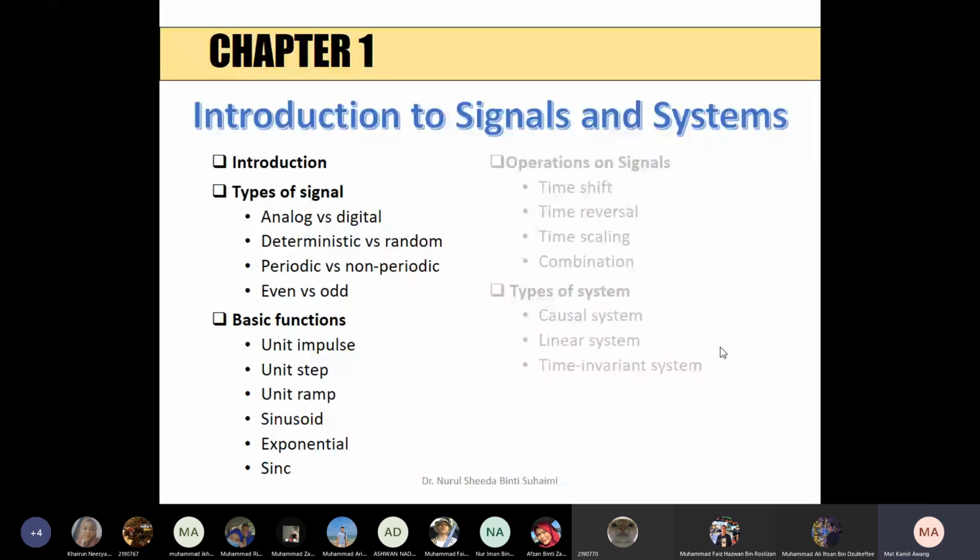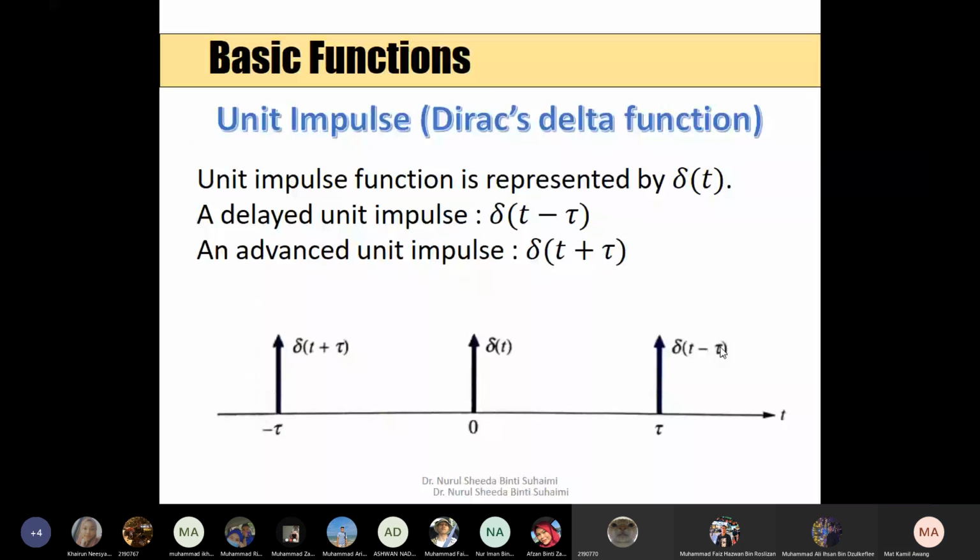Now we go into basic functions, which are unit impulse, unit step, ramp, sinusoidal, exponential, and sinc. Okay, unit impulse or Dirac's delta function is represented by an arrow and is written as delta of t.